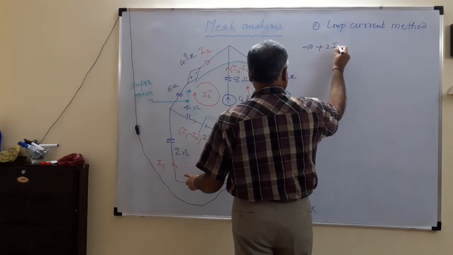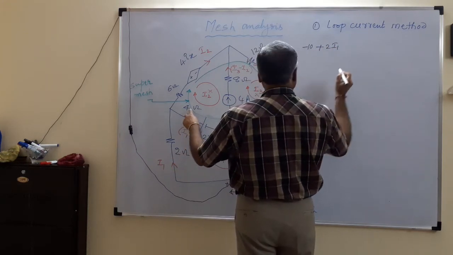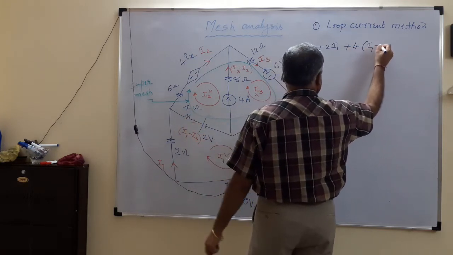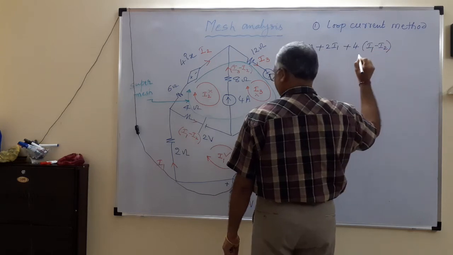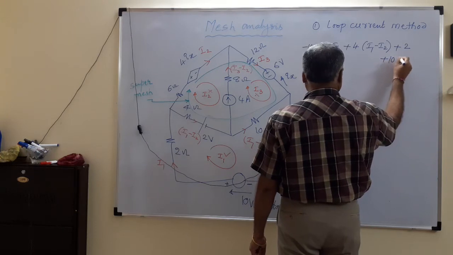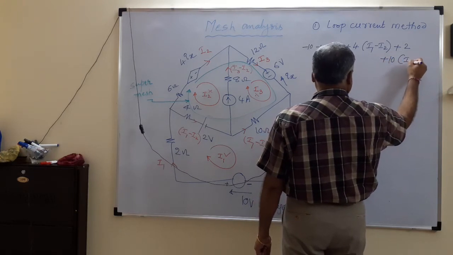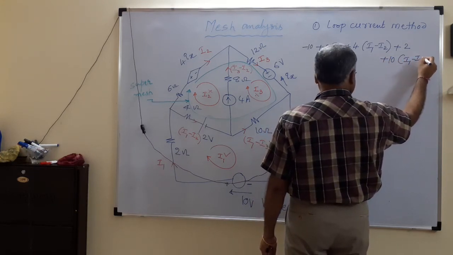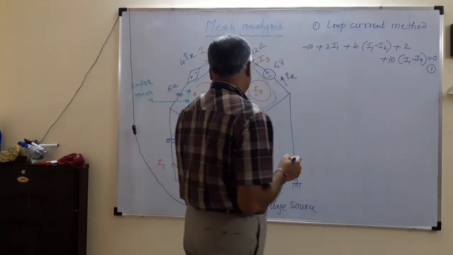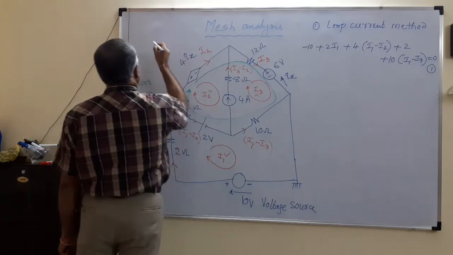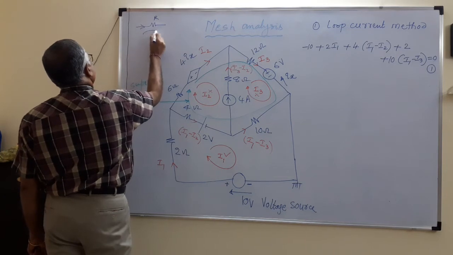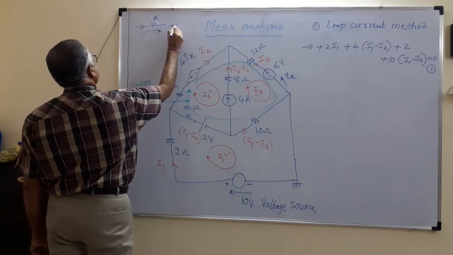Plus 2I1, plus 4 into (I1 minus I2), plus 2, plus 10 into (I1 minus I3) equal to 0. So what is the convention I told you earlier? Resistor, actual current direction same as our direction means plus.